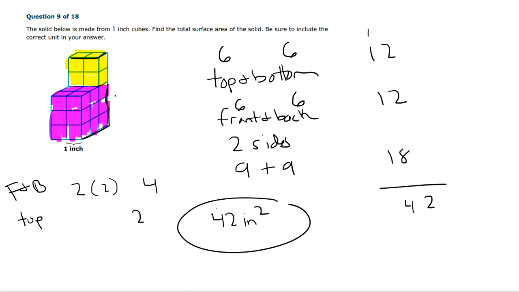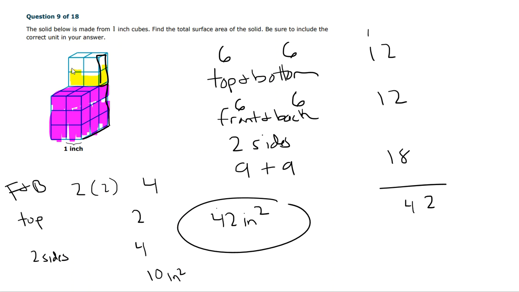Then we also have the two sides, and the two sides in this case are a 1 by 2 rectangle, and there's 2 of those. So 1 times 2 is 2, and then times that by 2, and that's going to be 4. Okay, so that's for the two sides. Now when we add 4 plus 2 plus 4 together, that gives us 10. Okay, 10 inches squared. Okay, now this gets just a little bit tricky.